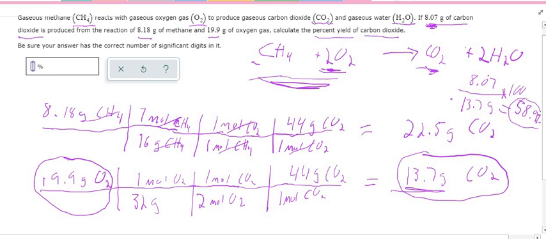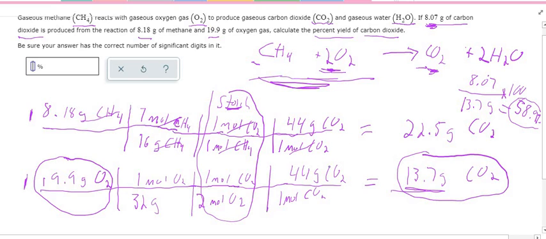So again, to review, write down the right chemistry, balance the equation, don't forget to do that. Start with both of your reactants here. Make sure you get them into moles. Then do the stoichiometry. This right here is the stoichiometry right down here.